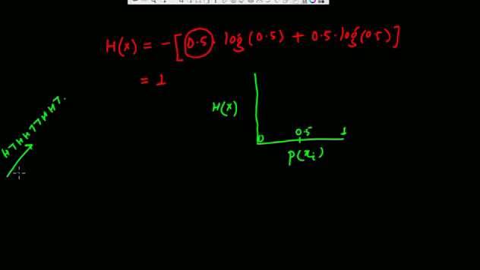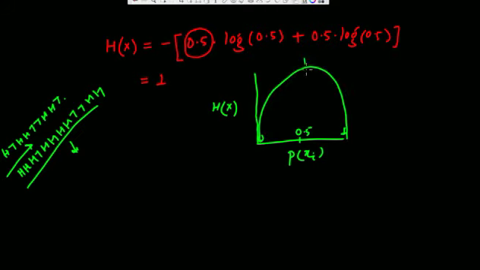However, if the coin was not fair and you get more heads than tails, which means more humans than dogs, then diversity is less, right? Diversity is less means entropy has to be less. So even in this equation, when you put in these values, if you put this value less than 0.5, you will see that the entropy is going to be less here. So this curve is basically an inverse parabola, where the highest value is at 0.5 probability.